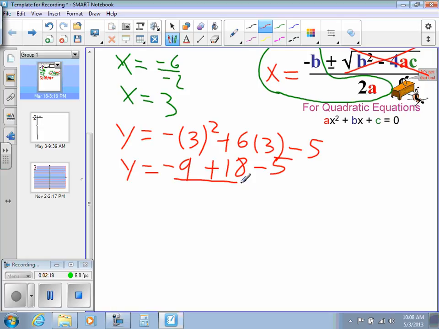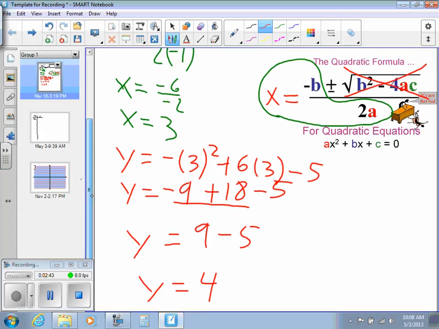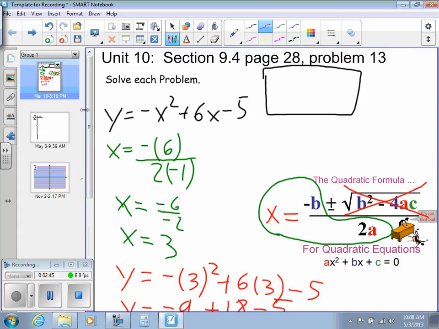I'm going to start off by combining these two, as I happen to know that 18 minus 9 is 9. So now I've got y equals 9 minus 5. And when I do that, I get y equals 4. So my vertex is (3, 4).